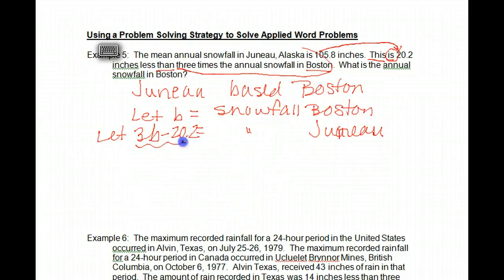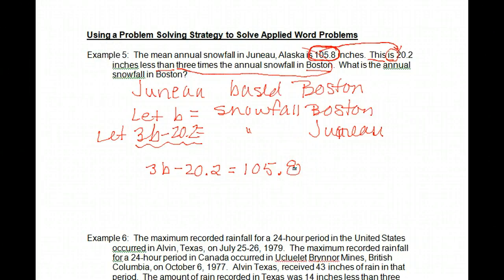That expression right there represents the snowfall in Juneau, which we were also told is equivalent to 105.8 inches. So we wrote an expression that represented Juneau's snowfall, and we happen to know exactly how much that expression is equal to in inches because the problem told us that.